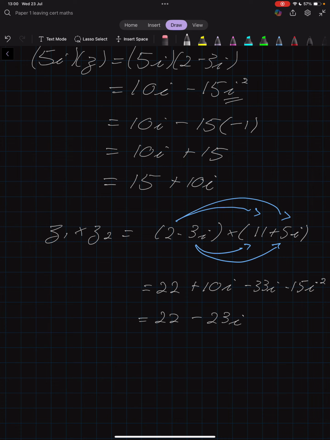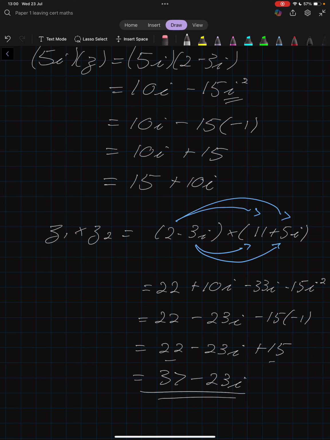Minus 15i squared, that's minus 15. i squared is minus 1. So that's 22 minus 23i plus 15. 15 plus 22, so again add the reals to the reals. So I get 37 minus 23i. Okay? So that's it. That's all.